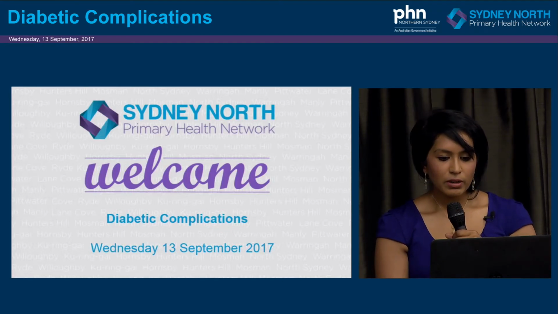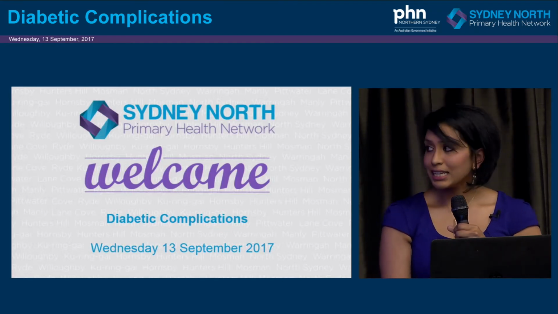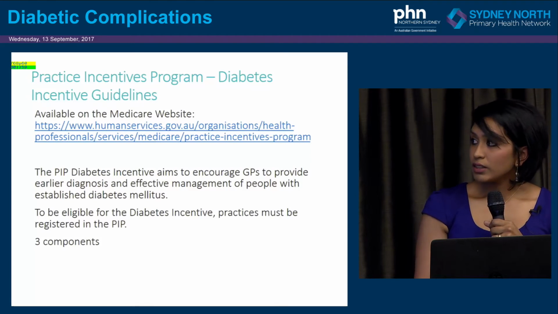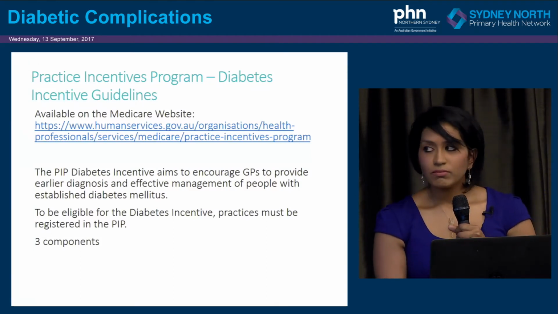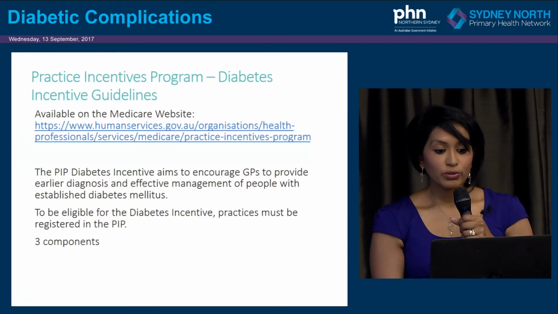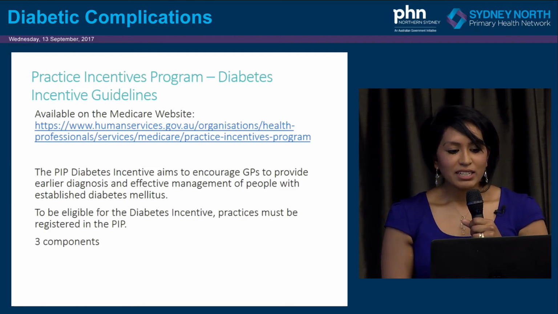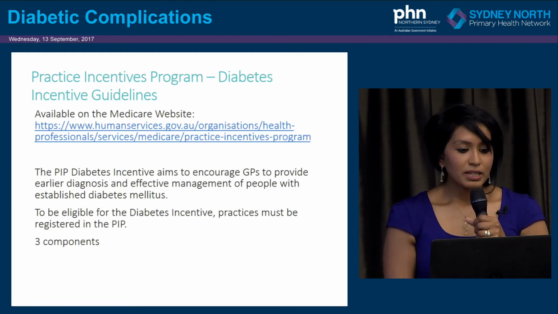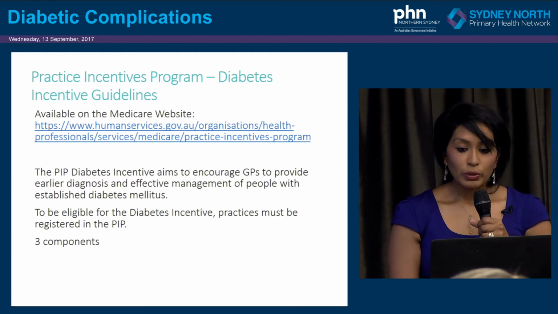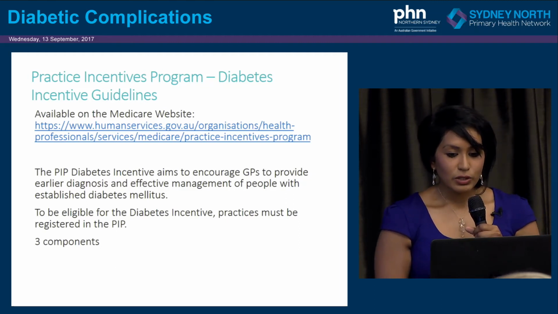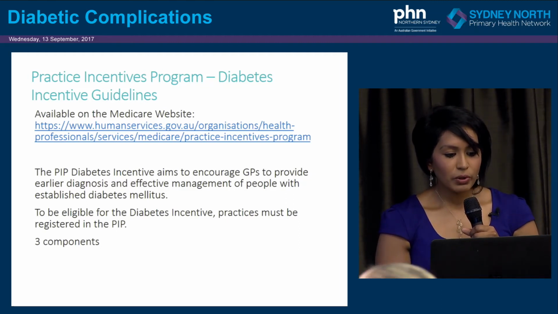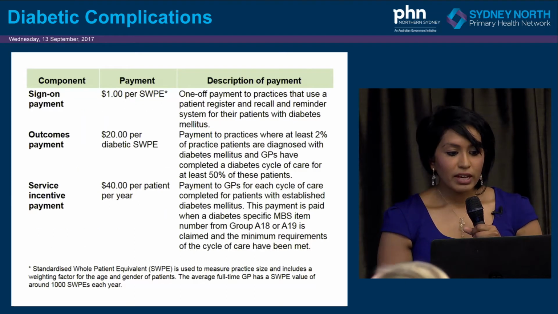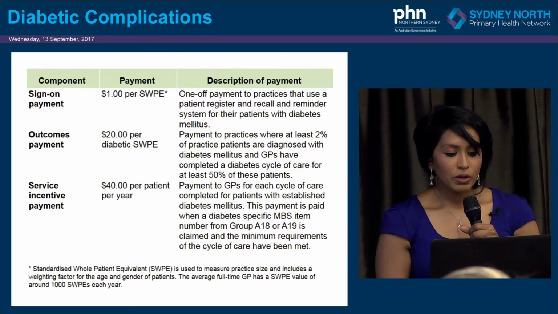So I won't worry about showing you the details, but basically that link on this page will, or essentially you could Google the Practice Incentive Program for Diabetes, which is available for a lot of chronic diseases, and diabetes is a good one. So basically there's 3 components to it. You get a sign-on payment according to your standardised whole patient equivalent.